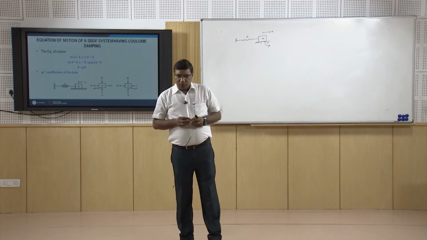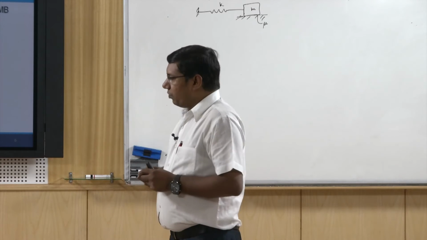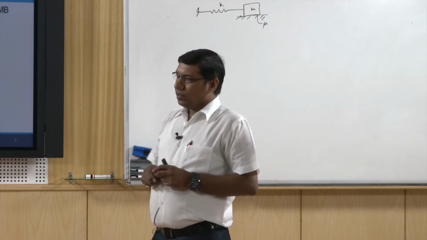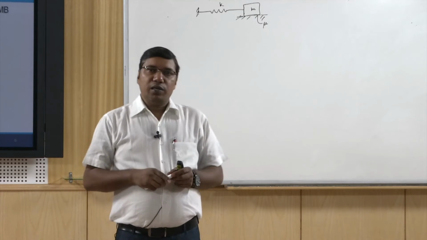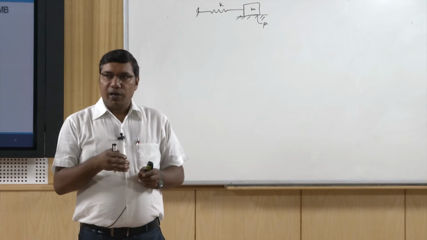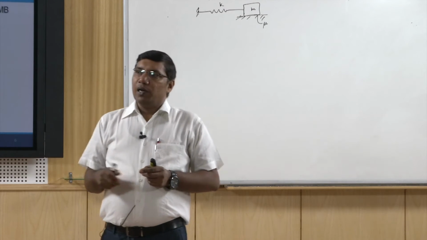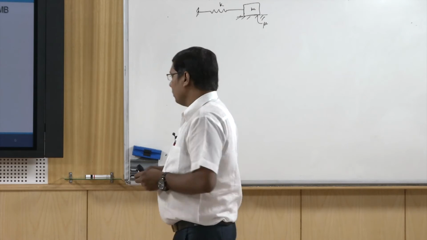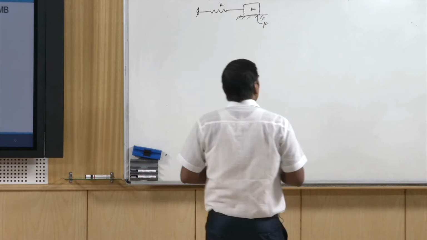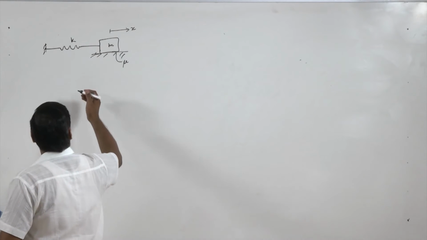Now, because the direction of the frictional force depends on the relative velocity, in half a cycle the mass will move from left to right, and in the other half cycle it will move from right to left. So we will have two cases of this movement.